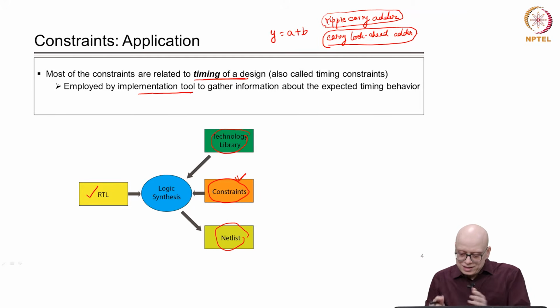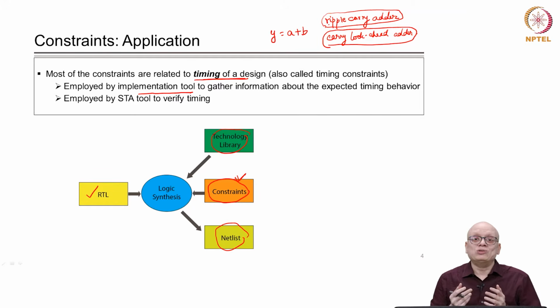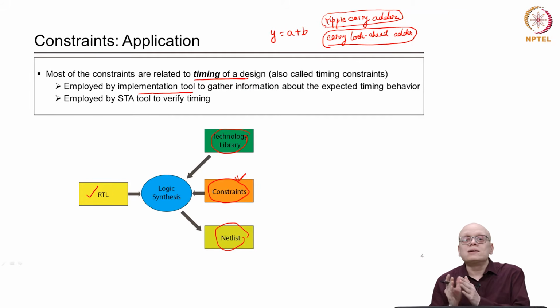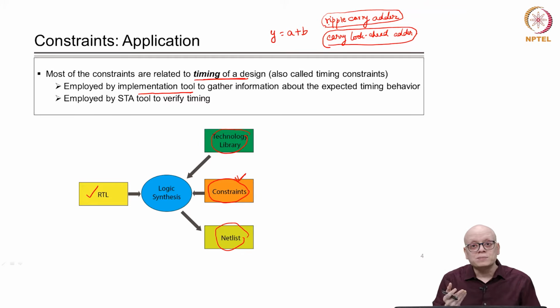The next part is the STA tool. The STA tool, as we have seen in earlier lectures, is basically verifying whether our design is meeting our timing constraints, such that the required time constraint is honored by the arrival time, both for the setup case and the hold case and so on, right. That is the purpose of the STA tool.